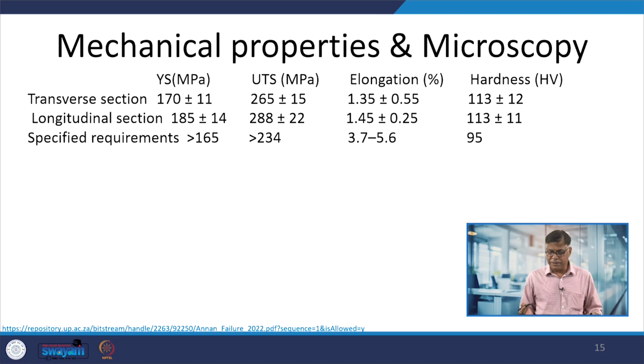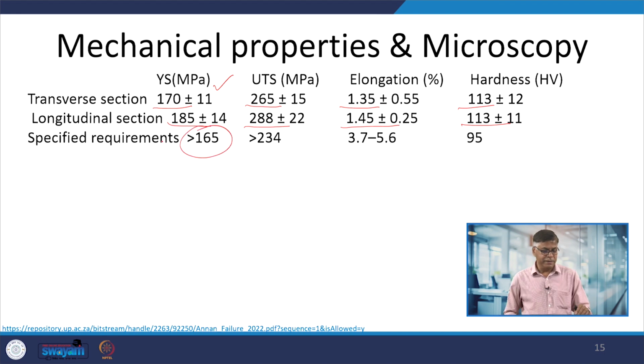The mechanical properties were investigated. The transverse section of the housing showed yield strength 170, ultimate strength 265, elongation 1.3, and hardness 113 HB. The longitudinal section showed yield strength 185, ultimate strength 288, elongation 1.45, and hardness 133.